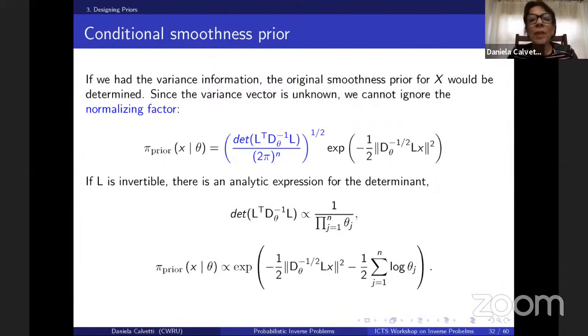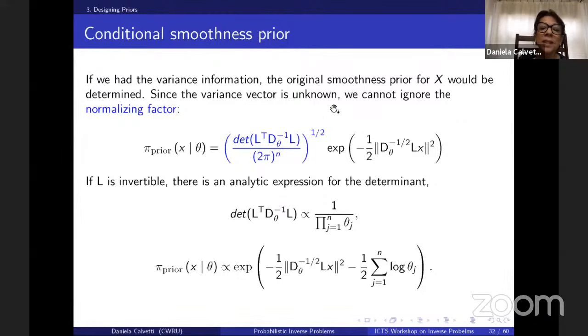Now, if we're using a prior for x which is conditionally Gaussian, conditioned on theta, we cannot ignore the normalizing constant in front of the exponential in the Gaussian, because this normalizing constant is no longer constant; it's only constant for a particular value of theta.